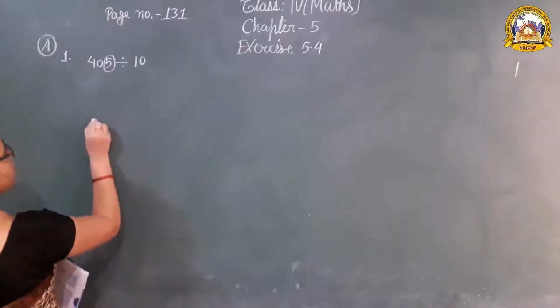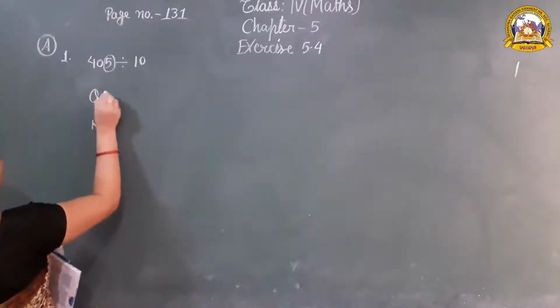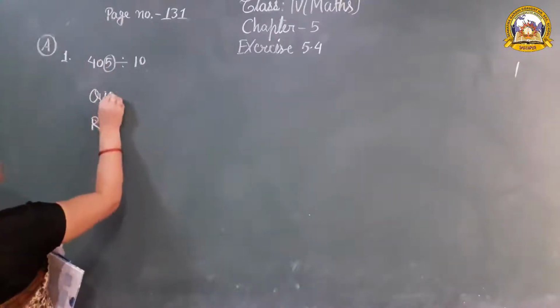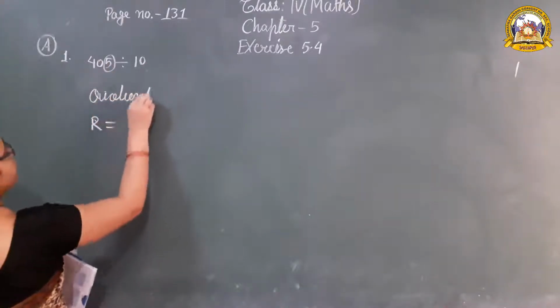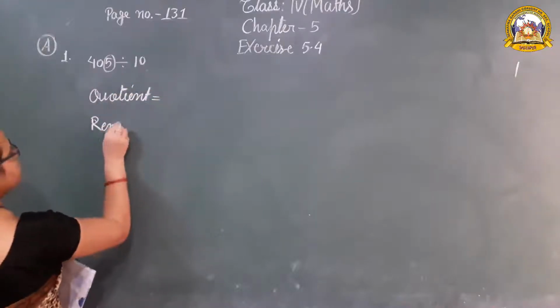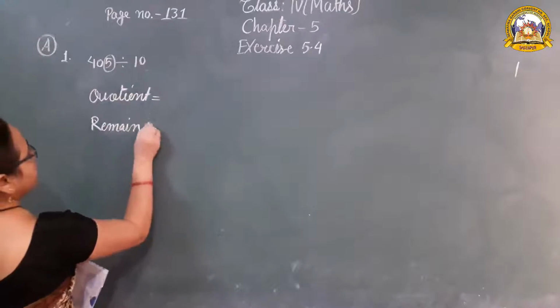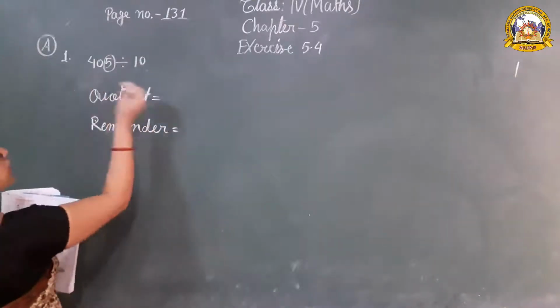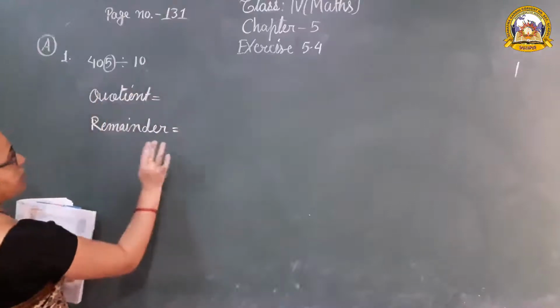So actually we have to find the quotient and the remainder. First we write the remainder.